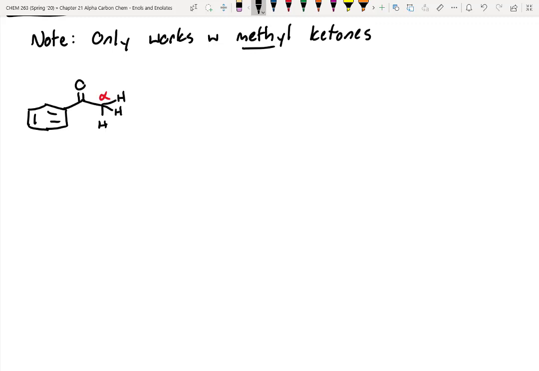And what I did was I added hydroxide to that mixture, and this hydroxide is able to deprotonate one of those positions. And in fact, this should be under equilibrium conditions. The reality is very little of this is going to form our enolate, but for right now, we're going to go ahead and show this.